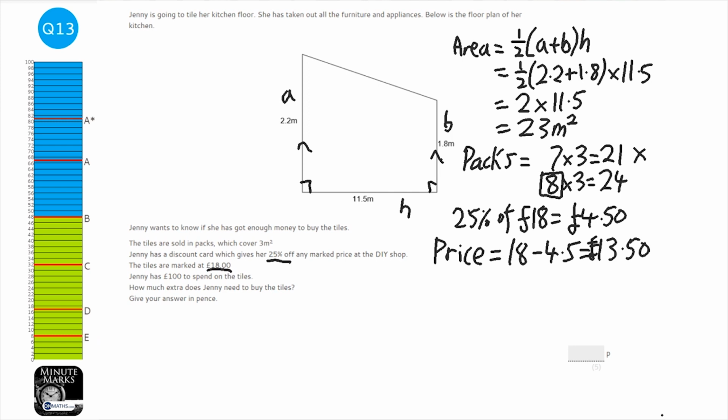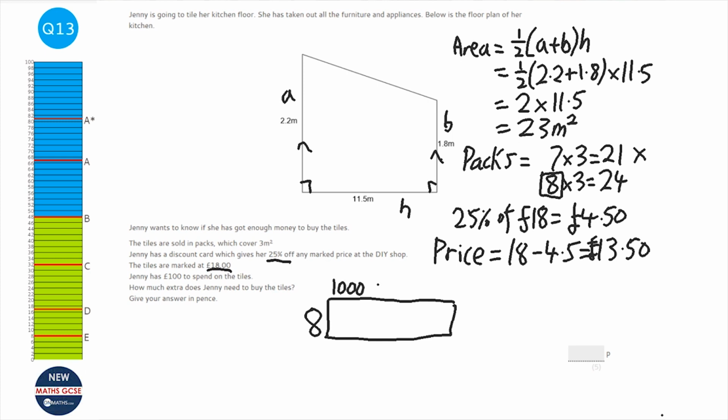So the last step is to do 8 times £13.50. So I'm going to do this in pence. So that's going to be 8,000 there. That's going to be 24 with 2 zeros. That's going to be 40 with a 0.